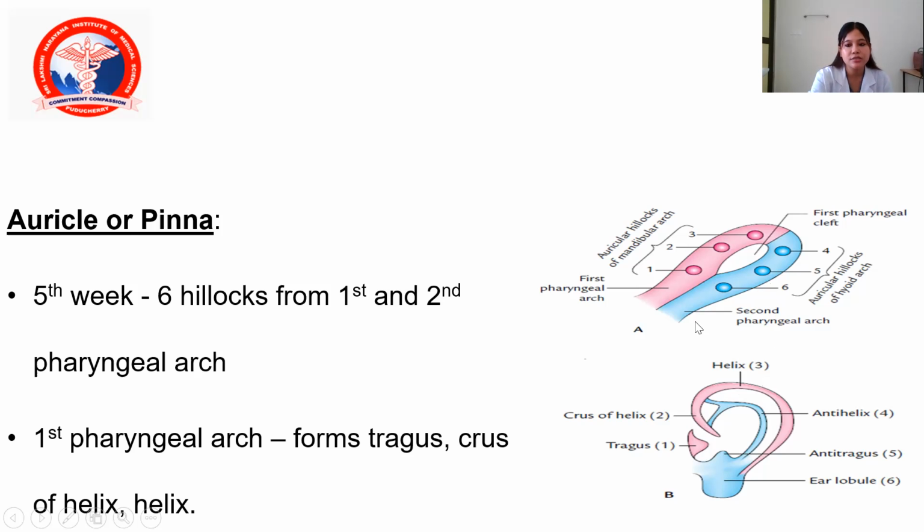In this image, you can see the first pharyngeal arch, which is the mandibular arch, shown in pink color, and the second pharyngeal arch shown in blue color. So the first pharyngeal arch will develop into the tragus, crus of helix, and helix, and the second pharyngeal arch will develop into the antihelix, antitragus, and the ear lobule.